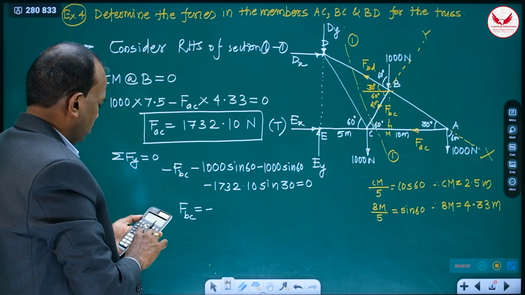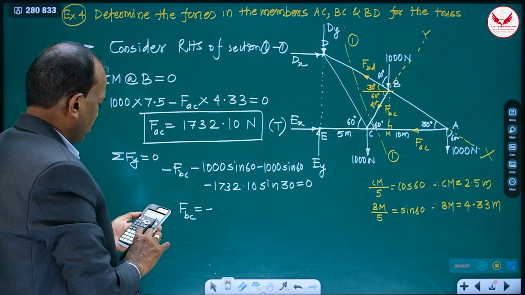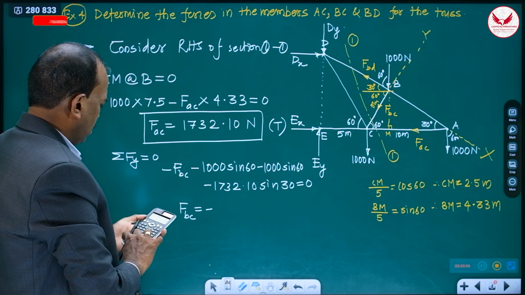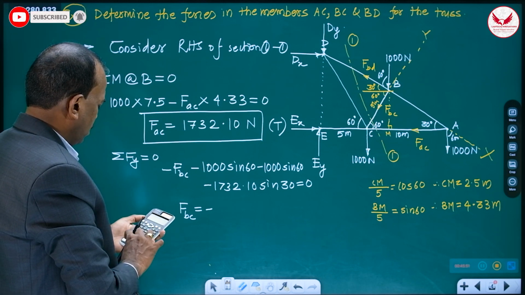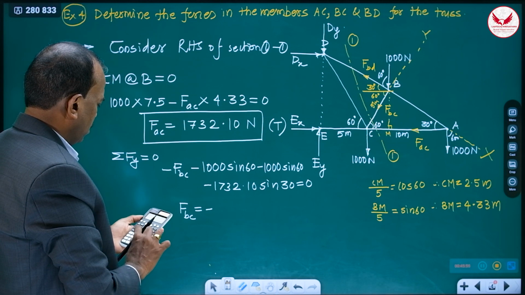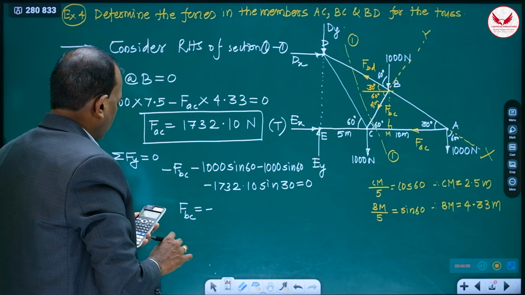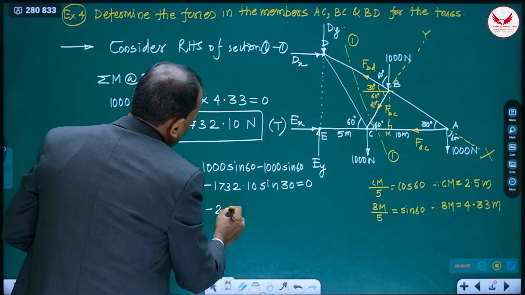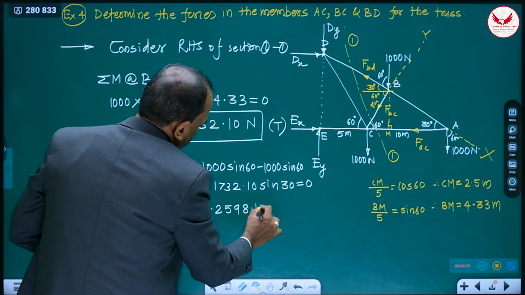That answer will be 2000 into sin 30 plus 1732.10 into sin 30, which is 2598.10 minus 2598.10.